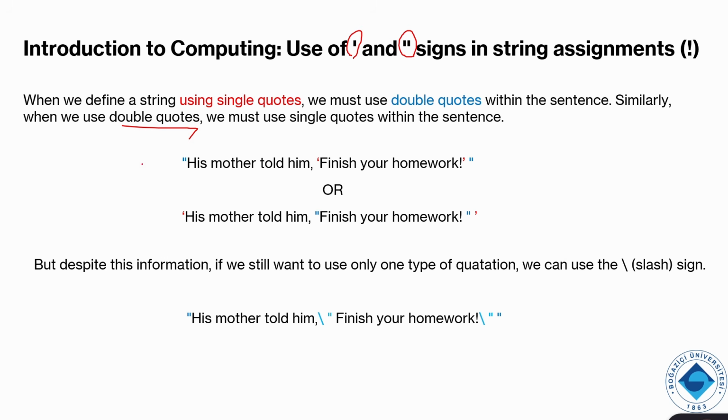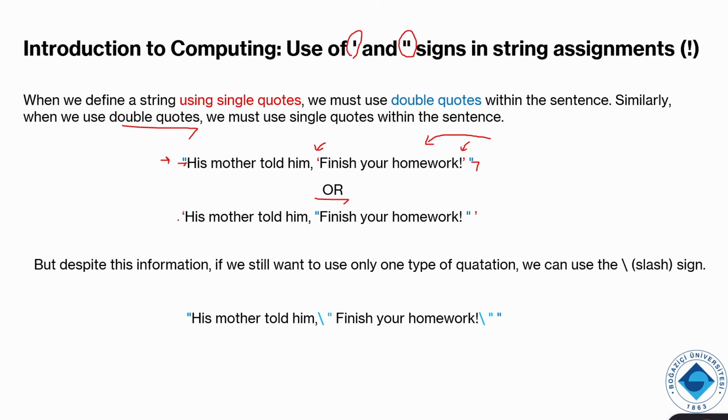It means if you define a string by starting with double quotation marks, and you need to add one more quotation inside of the string, I strongly suggest you use the other quotation mark. If you start with double quotation, this time use a single one, right?